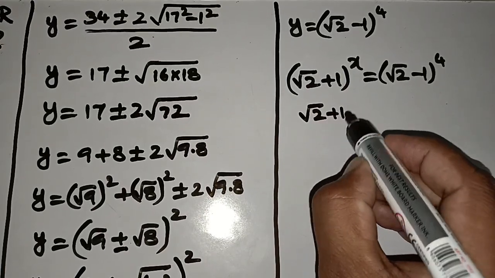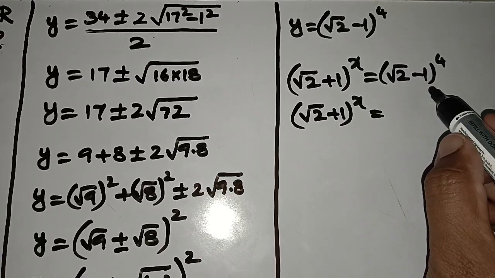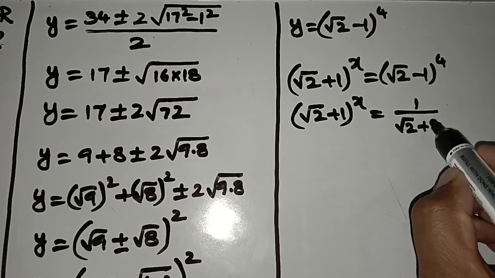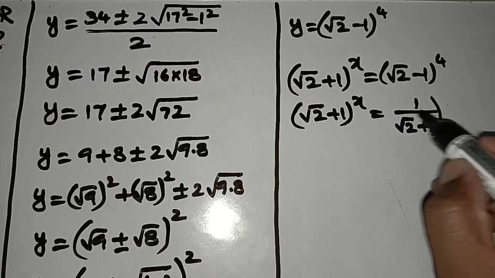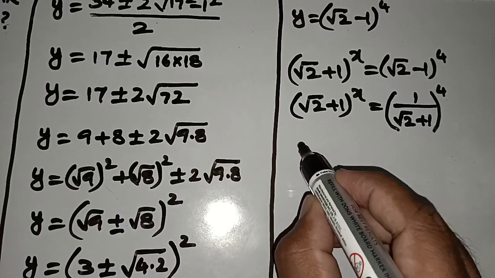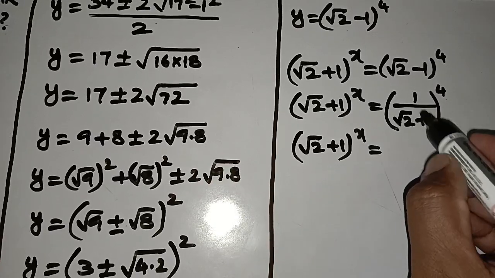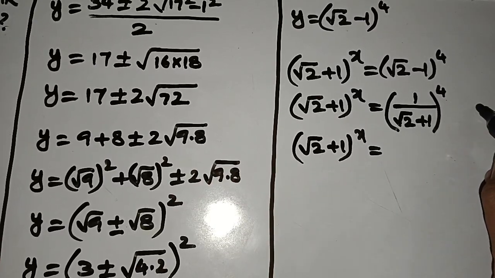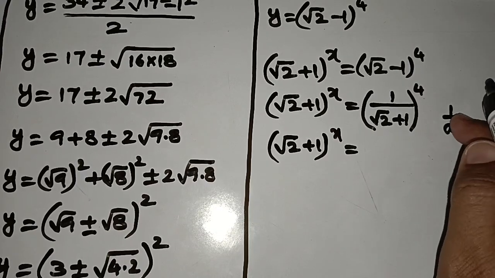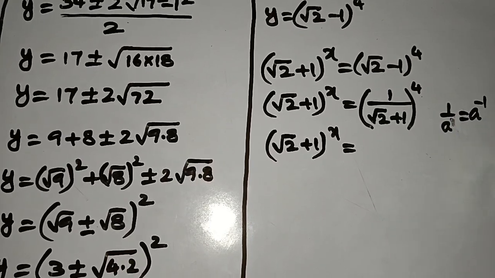Root 2 plus 1 whole to the power of x is equal to, we know that root 2 minus 1 is 1 by root 2 plus 1. We have seen in the beginning of this solution. So whole to the power of 4 we can write. So root 2 plus 1 whole to the power of x is equal to, instead of writing this, we have a rule that 1 by a, if present, we can write it as a to the power of minus 1.